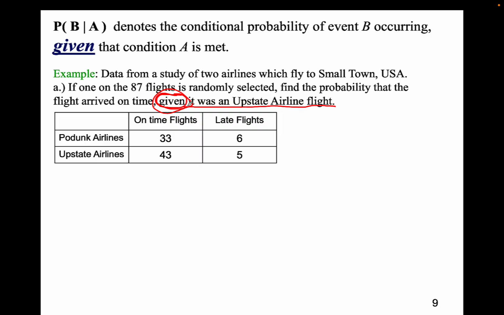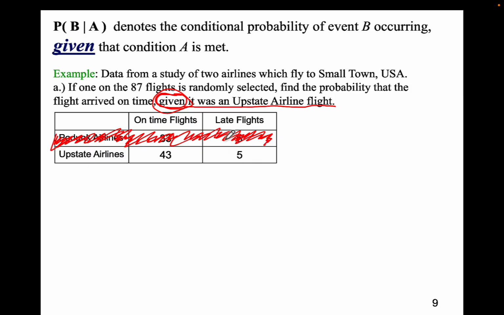We just want to look at what it says after, Upstate airline flights. So I'm going to cover up this airline's flights because we're just not looking at that data. Like I said, you could be given a spreadsheet with 100 tabs. You're not always going to look at all of it. In this one, we're just being asked to look at, given it was an Upstate airline flight.